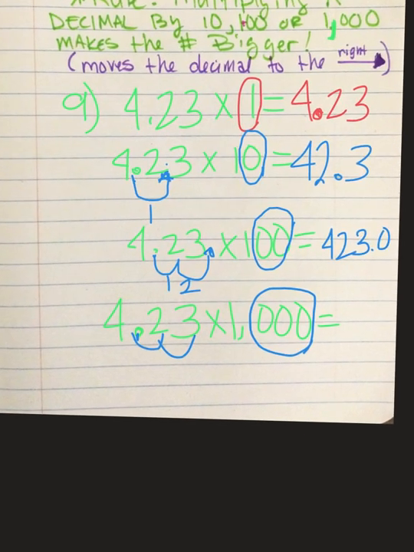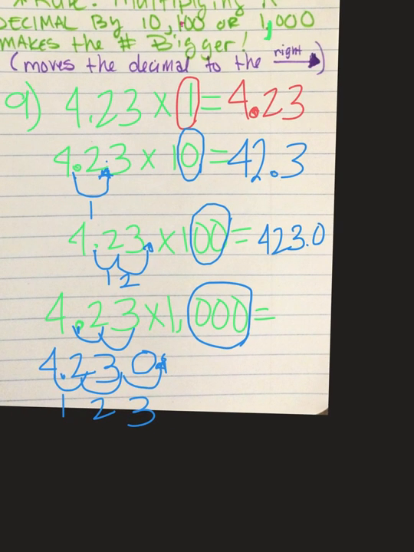I can always write the number down here, and now I can give myself more room because I need to move 3 spots. 1, 2, 3. On this empty spot right here, I have to drop a 0. And the decimal drops where the arrow ends, which is right here. So my new number would be 4,230.